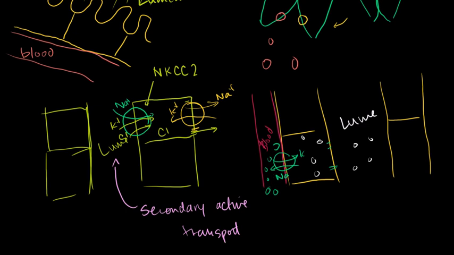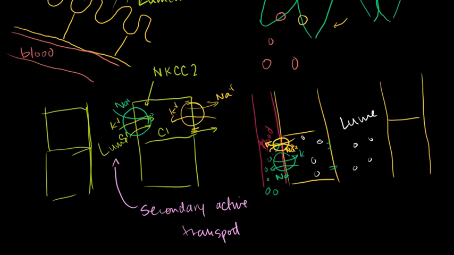And so sodium, if you let it go down its concentration gradient, would go back in. And when that goes in, you can almost imagine some type of rotating door, it makes the calcium go out. You can try to visualize yourself how a protein would actually do that.